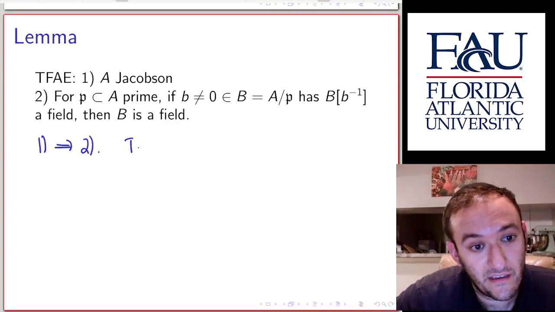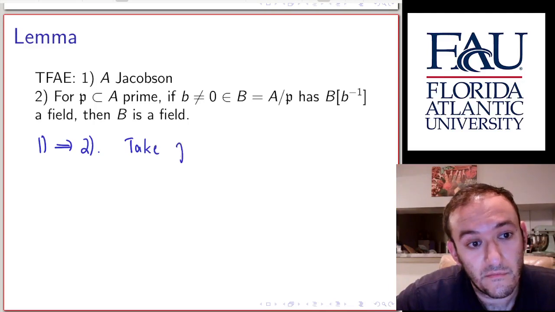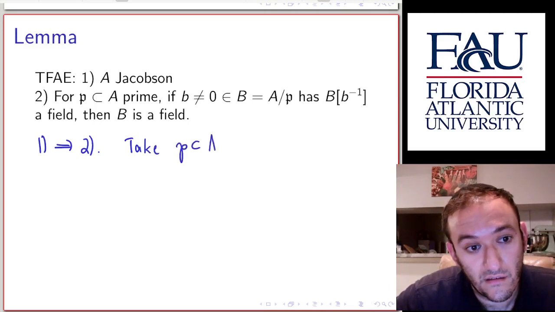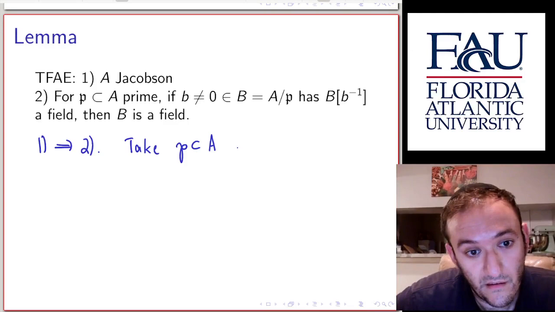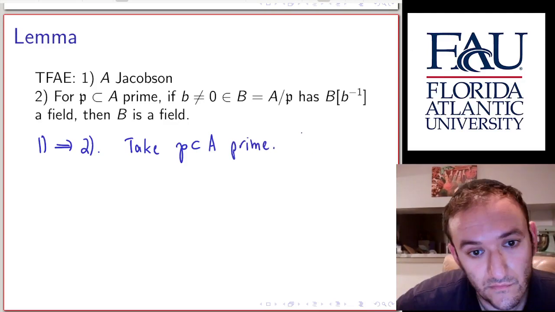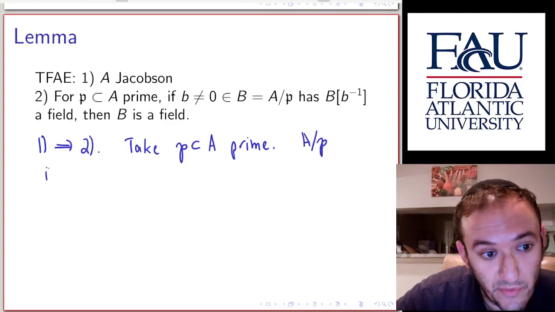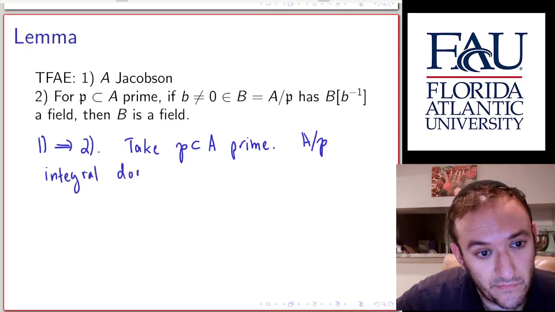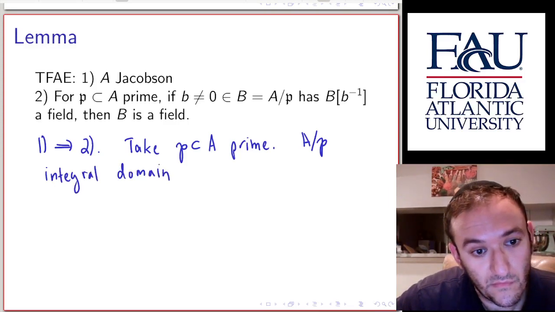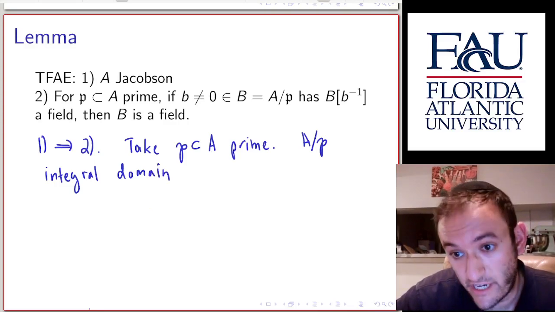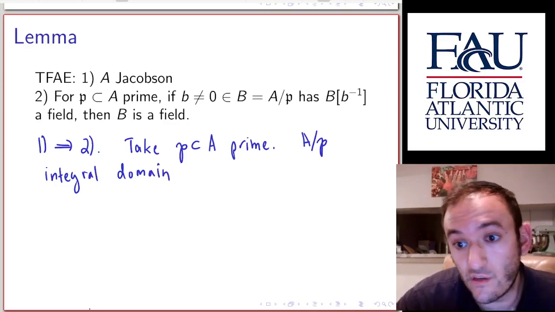So take P in A prime. A mod P is an integral domain, and furthermore, it's Jacobson because of the correspondence theorem.